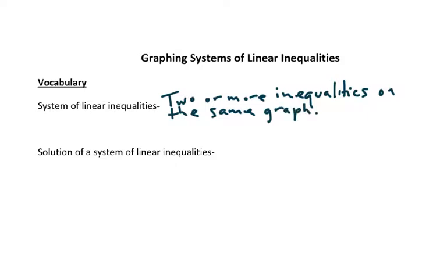So now we've got more than one inequality on the same graph. And keep in mind, when we do inequalities, there's going to be shading. So now our shading could possibly overlap one another. We'll talk more about that in just a minute.